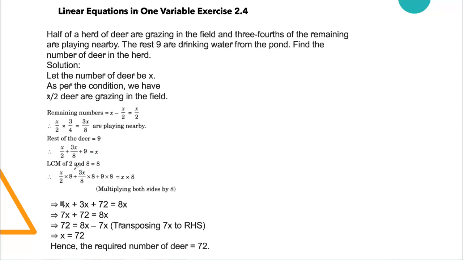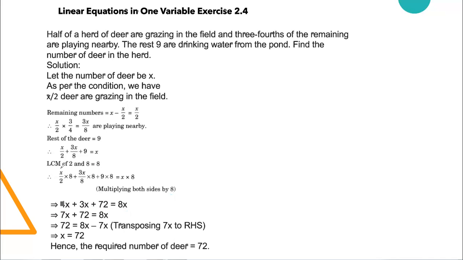After finding the LCM which is 8, we multiply 8 on both sides. Or you can even equalize the denominator. You arrive at the same answer which is 4x plus 3x plus 72 equals 8x.